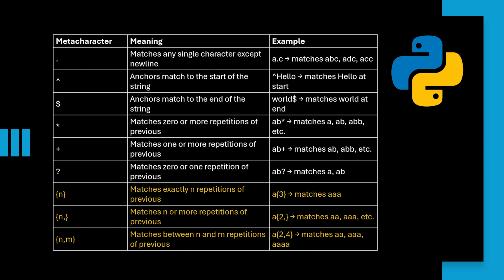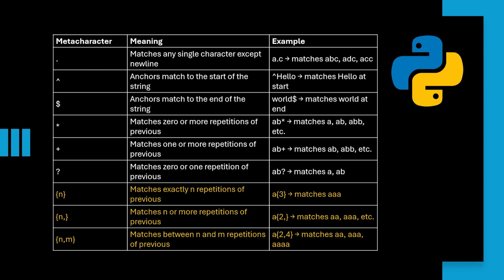Now let's look at the curly brace syntax. These are for specifying an exact number of repetitions. When you see something like 3 in curly braces, we can call it exactly 3 times. So a followed by curly brace 3 curly brace means exactly 3 times a. If you see something like a followed by curly brace, an exact number, a comma and a curly brace again, for example 2, it means 2 or more times.